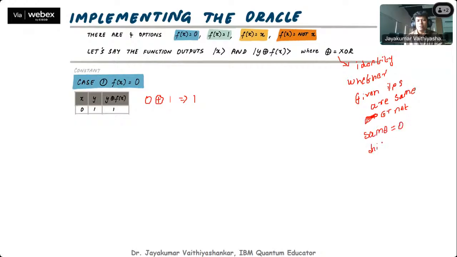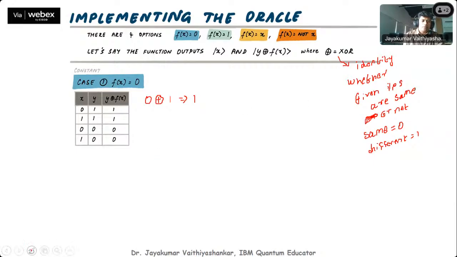Different means it will produce 1. So remember this logic, very simple. If you do XOR of 1 and 1, it will give 0. Likewise it will do.